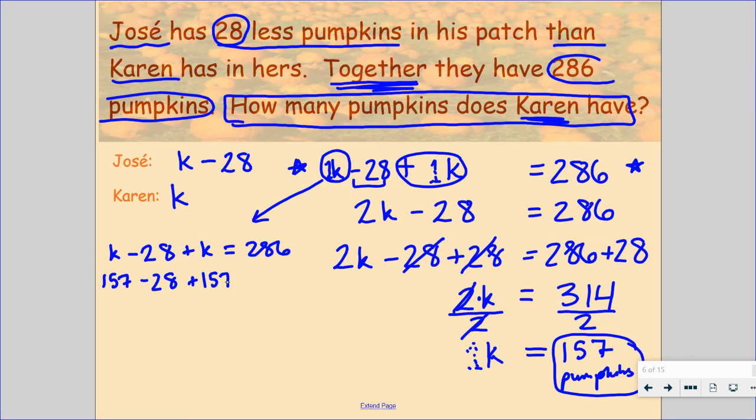Substituting in 157, you can then ask yourself, is this a correct number? And when you do that, it will ring true. But again, I will emphasize that is only if, well, even if your equation is wrong, it's going to look true because you're not starting with the correct equation.